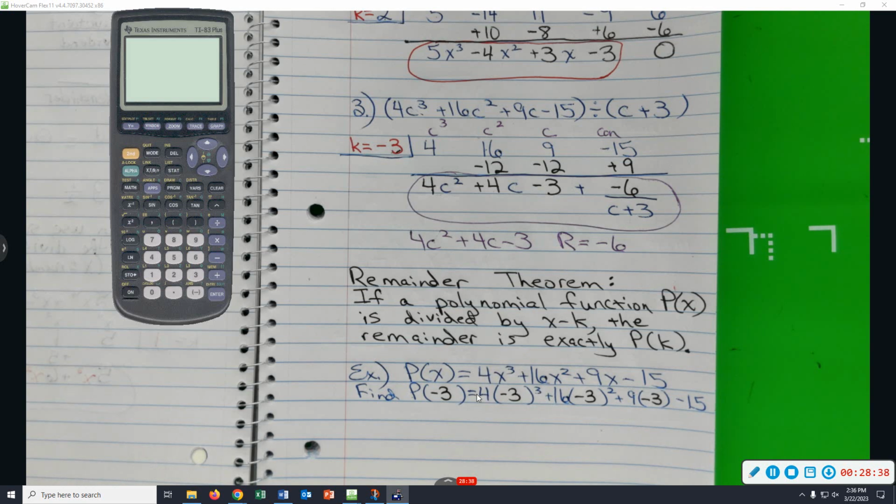That'd be a negative what? 108. Yeah, 108. And then that would be a 9 times 16. Is that a 144? So a plus 144 and a minus 27 minus 15.